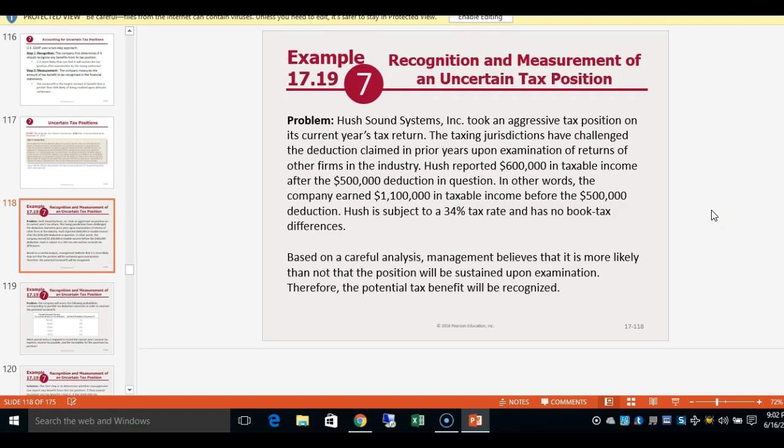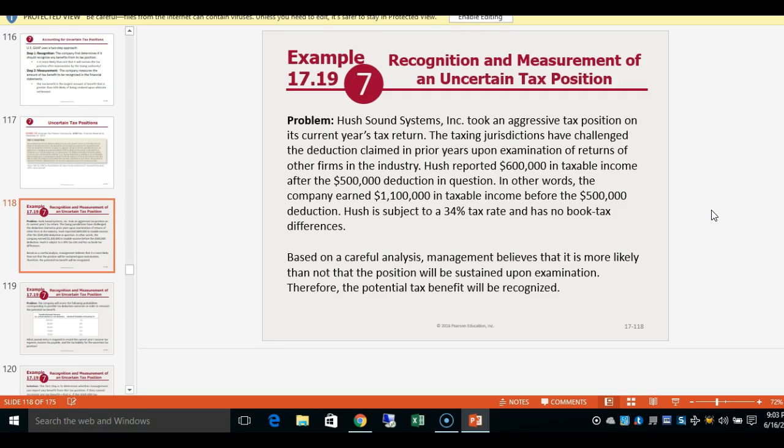In this problem, Hush Sound System took an aggressive tax position on its current year's tax return. The taxing jurisdictions have challenged the deduction claimed in prior years upon examination of returns of other firms in the industry. Hush reported $600,000 in taxable income after the $500,000 deduction in question.